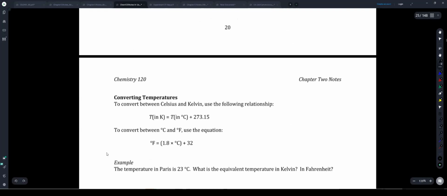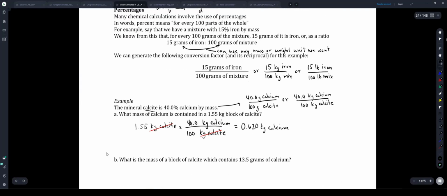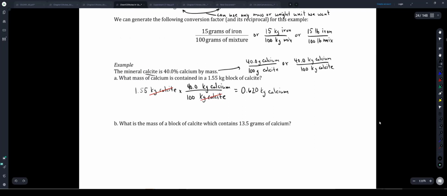All right, and then let's do part B. We want to know what is the mass of a block of calcite, which has 13.5 grams of calcium. So I'm just doing a conversion from grams of calcium to grams of calcite. It's like the last problem, but in reverse.